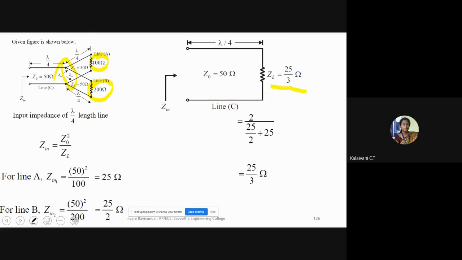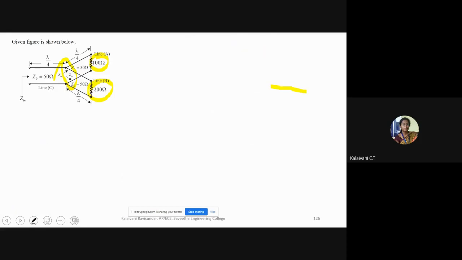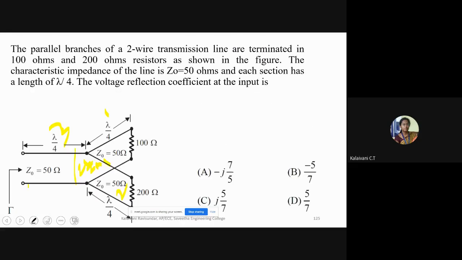Why do I have to find Z in? Directly I can find the reflection coefficient. We have that question, right? I can go with the formula ZL minus Z naught divided by ZL plus Z naught. My question is to find the voltage reflection coefficient. But read the question very properly. The question is the voltage reflection coefficient at the input.